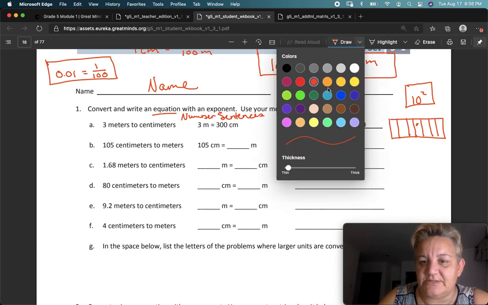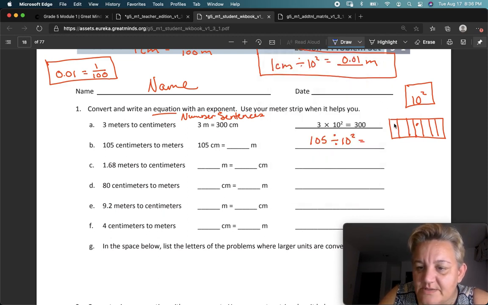Let me change colors. So there's 105, and I'm dividing it by 100, so that means I need to move it over 2 spaces. So there's my decimal, and I'm going to move it here, and here, and here. Remember, dividing goes this direction.